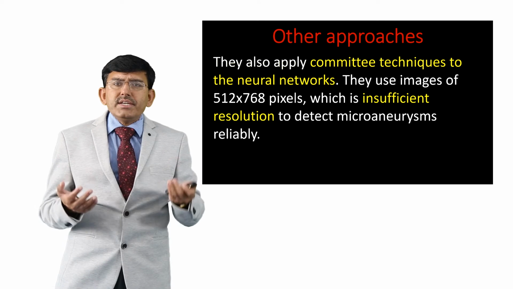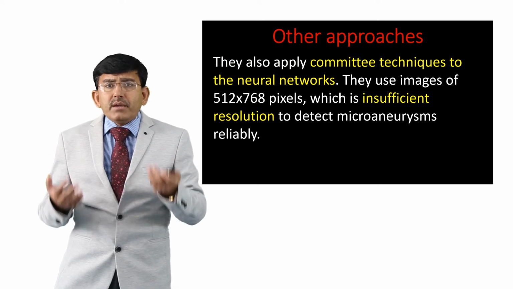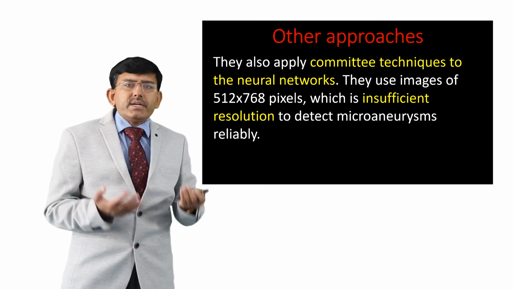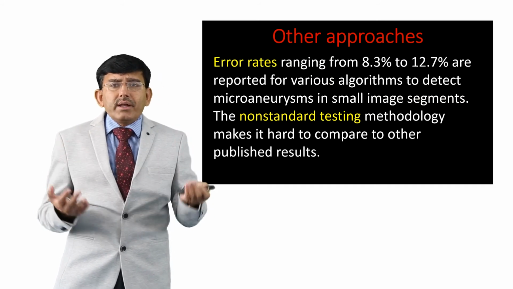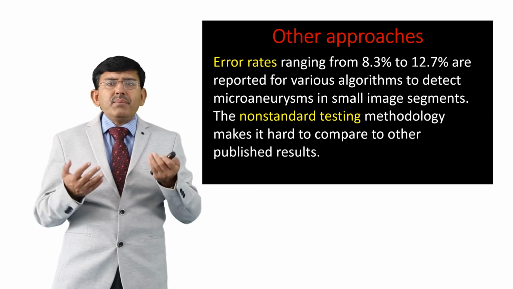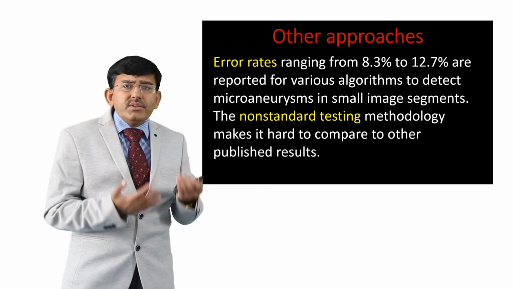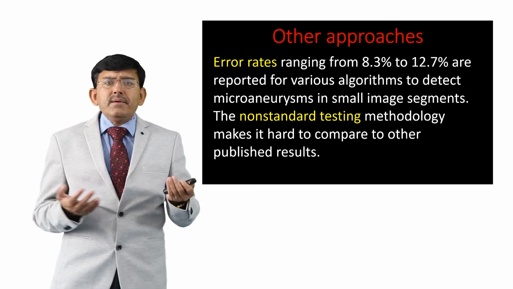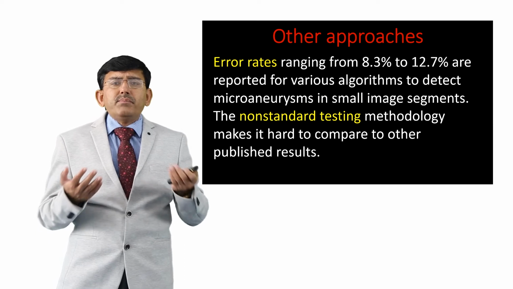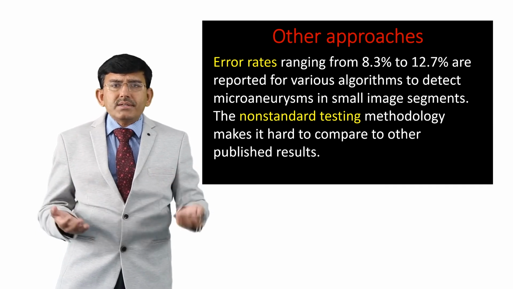Error rates ranging from 8.3% to 12.7% are reported for various algorithms to detect microaneurysms in small image segments. The non-standard testing methodology makes it hard to compare to other published results of the researchers.